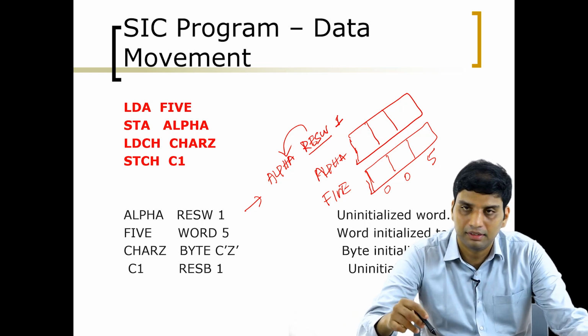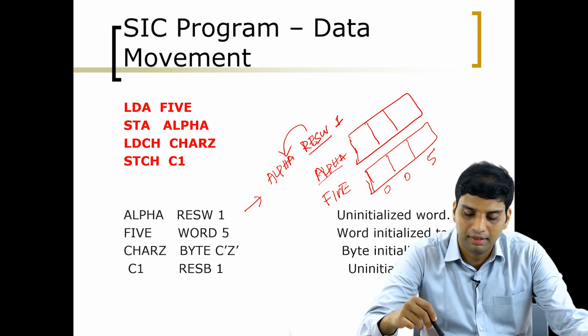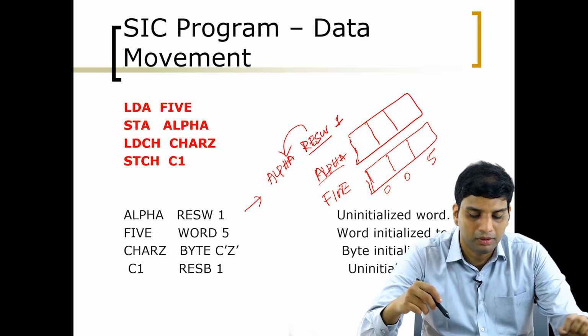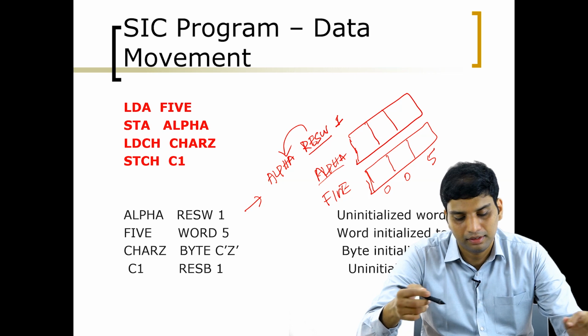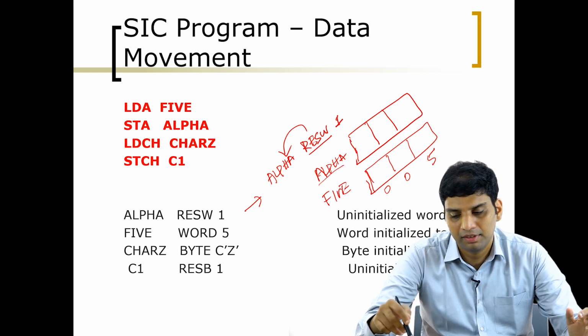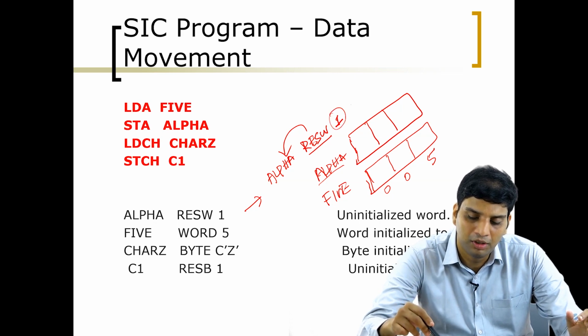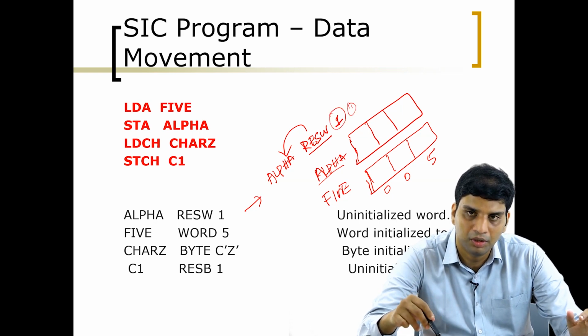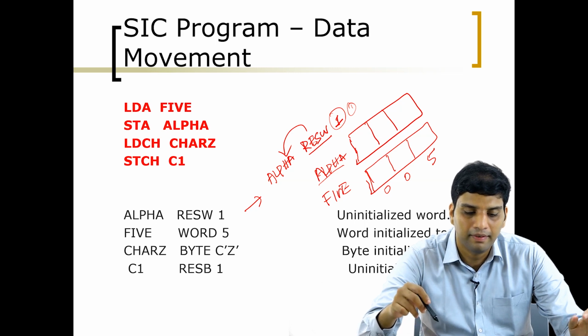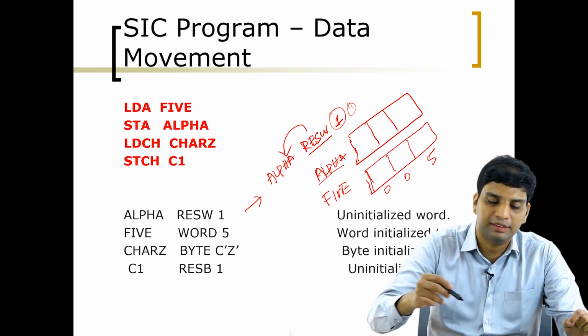First, alpha reserve word 1, I have reserved a word place, and the name is alpha. Next, 5, it contains the value 5. The name can be anything, you can give your name, but word 5 means it is going to store 5. Here alpha reserve word 1 means it is going to reserve only one word for you. Clear?